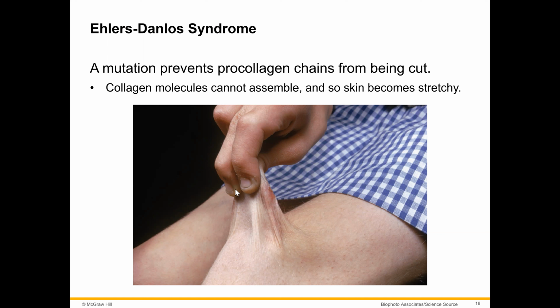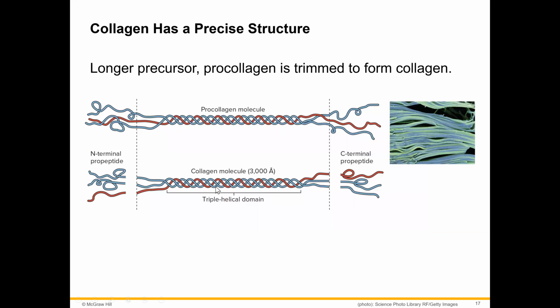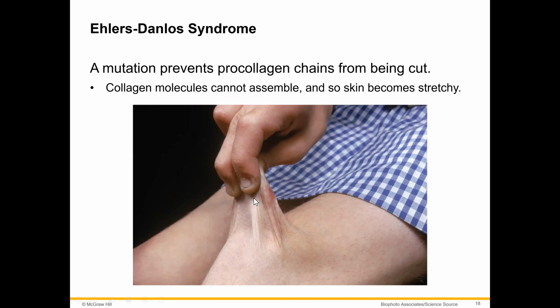So if we have procollagen over here, we need a special mechanism to cut off these terminal peptides to make collagen strong and give it great tensile strength. Collagen actually prevents your skin from being too stretchy. But if you don't have functional collagen because of a mutation in the gene, then your skin becomes very stretchy, as shown in this picture here, right?